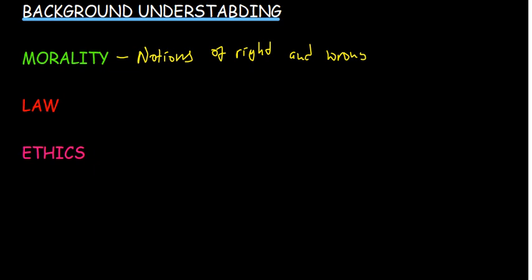You might take living a life of insulting others as normal, but others might not take it as normal. So that is morality: the notions or ideas that you have of what is right and what is wrong. This can be for an individual or just for a group or a community. What does the community consider to be right and wrong? That is their morality. Now, what about law?